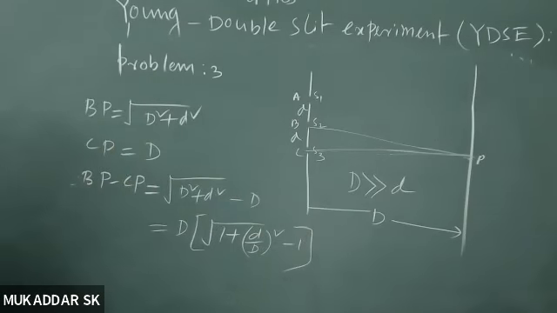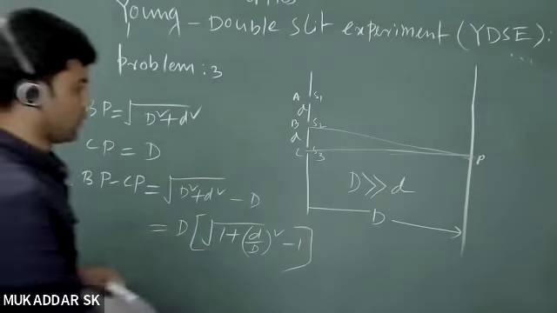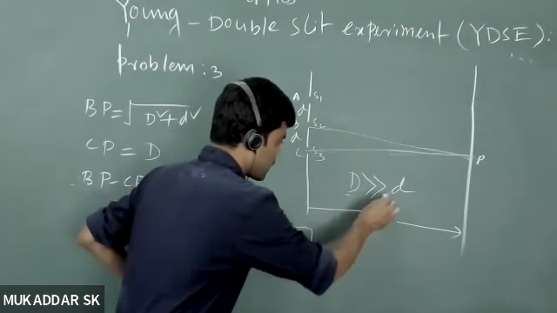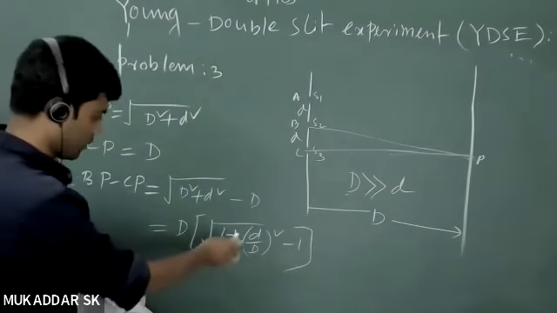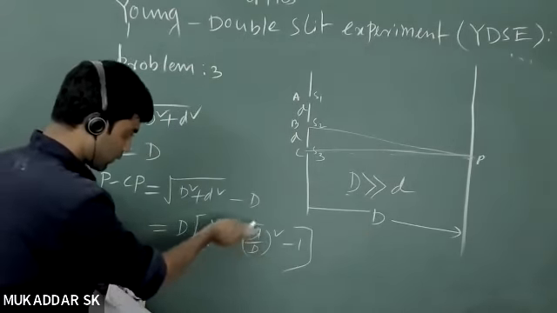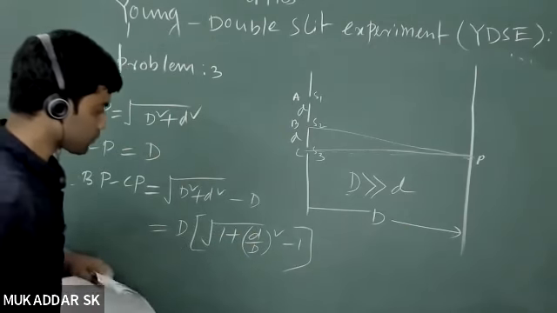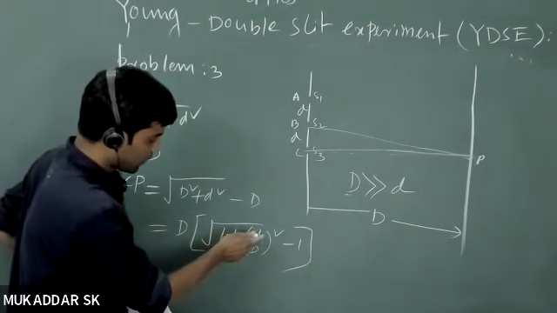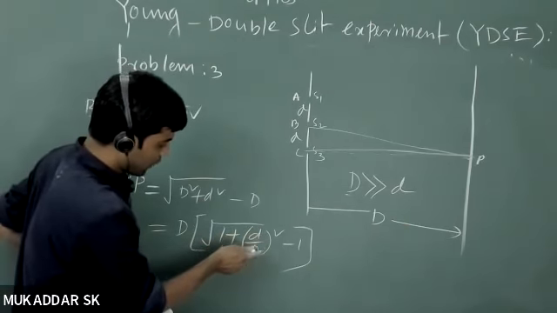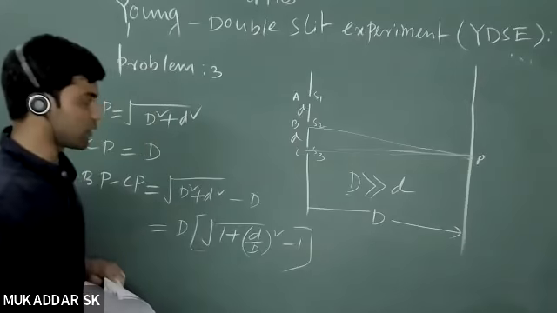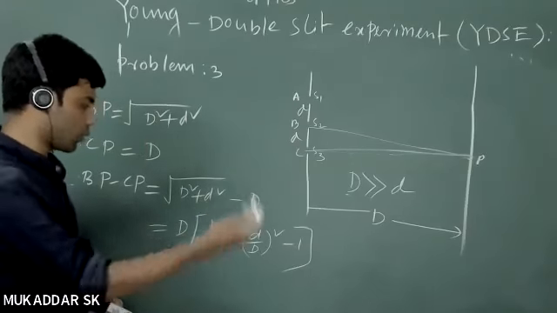Okay. Now according to this condition, capital D much greater than small d, what I can write, that this factor will be much smaller than 1, right? जो आपका स्मॉल डी बाई कैपिटल डी का होल स्क्वायर, ये फैक्टर क्या हो जाएगा? ये एक से बहुत छोटा हो जाएगा.